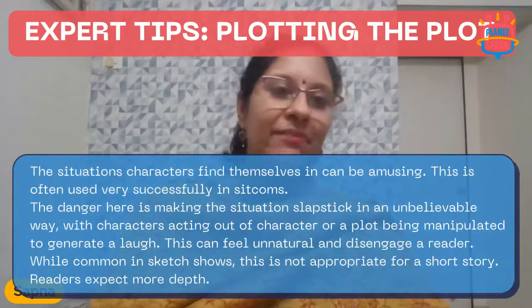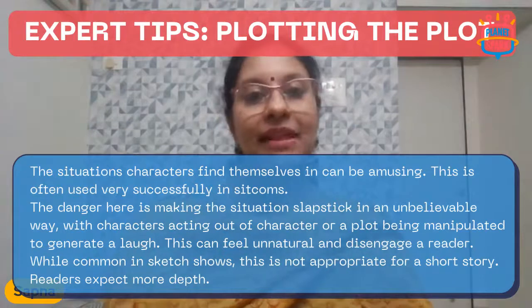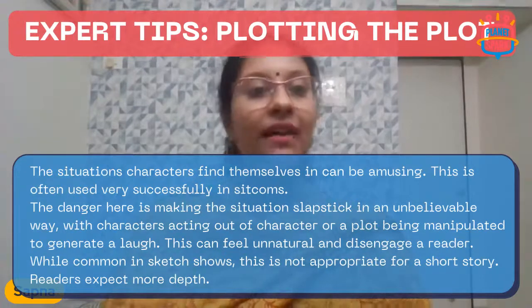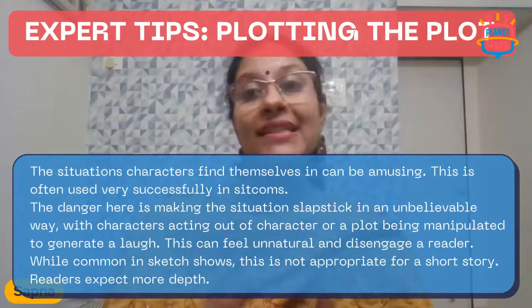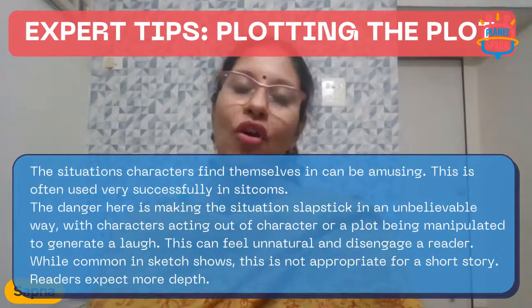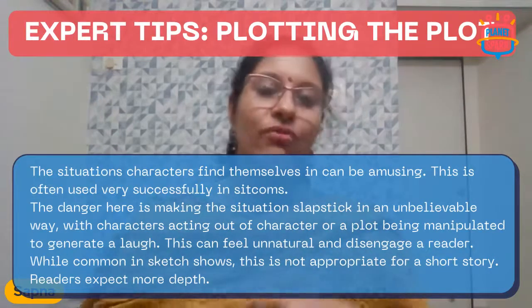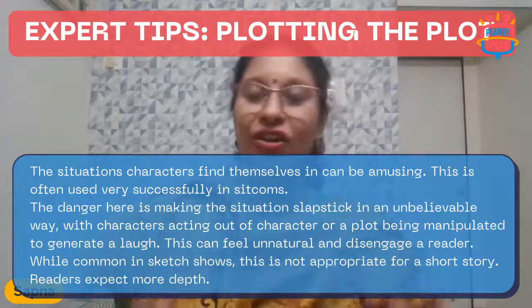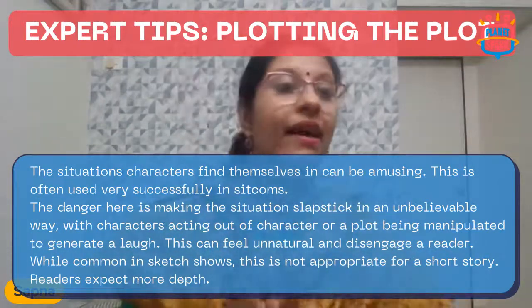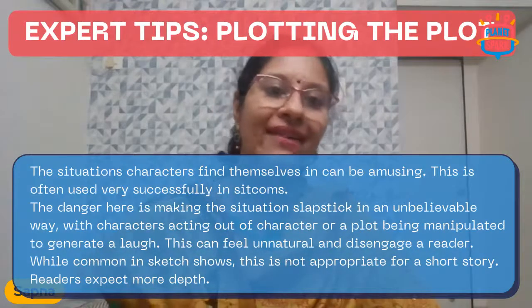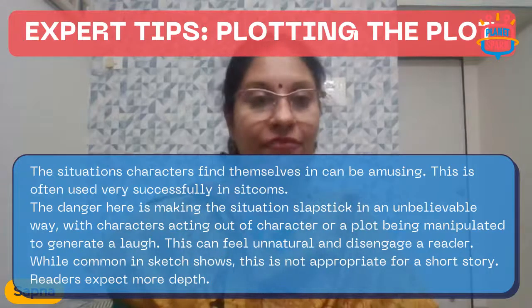The first expert tip that I have here is that the situations that the characters find themselves in can really be amusing, and it is often very successfully used in sitcoms. Like if you have watched the series Friends, right? We see a lot of situation play around that brings about the humor in all of those plots. And the danger here is making the situation slapstick in an unbelievable way, with all of the characters acting out the plot that's being manipulated to generate a laugh, right?